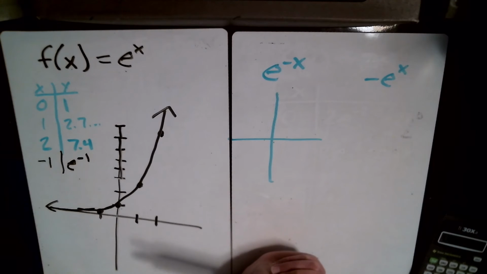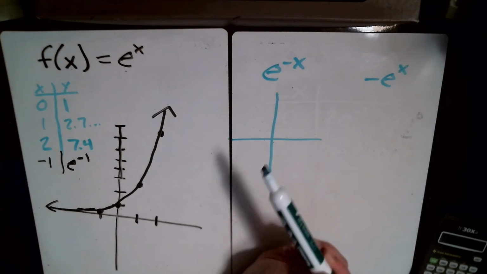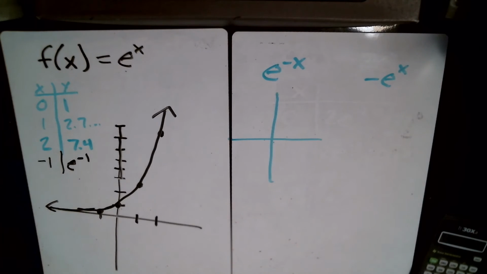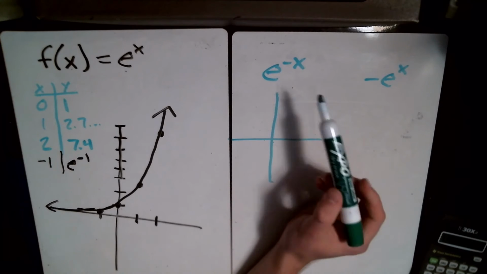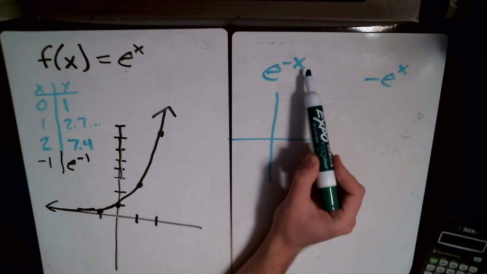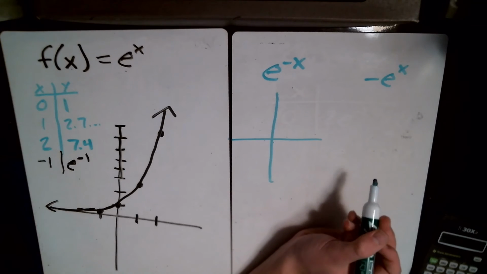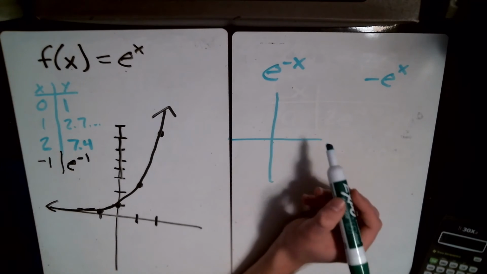It is going to reflect you over which axis? Do you remember which axis it's going to flip you over? It's going to reflect you over the y-axis, okay? Because you're timesing a negative with the x values, so that's flipping all the x values around. So what are we going to get here?